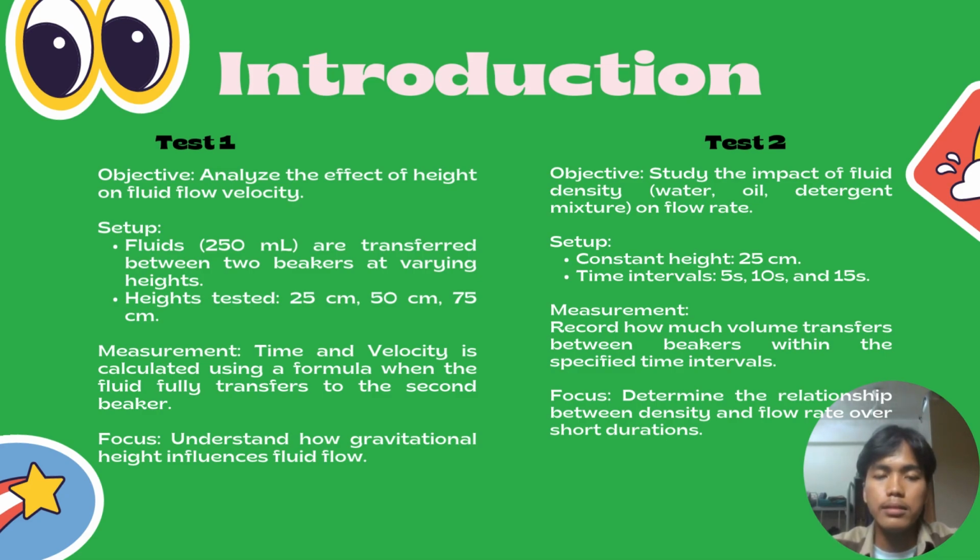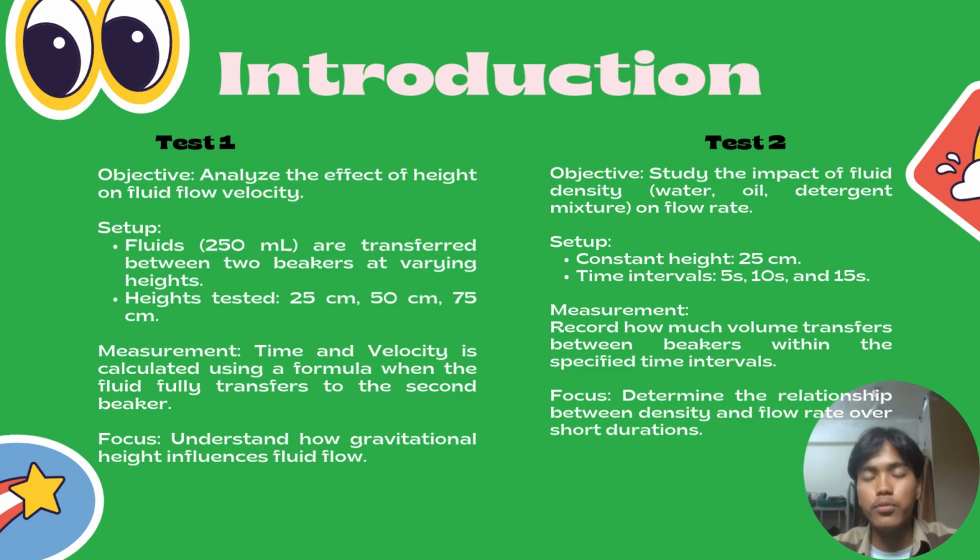In this test 1, we find the time to get 250 milliliter, and from that we can find the velocity, calculated using a formula when fully transferred, which is 250 milliliter.